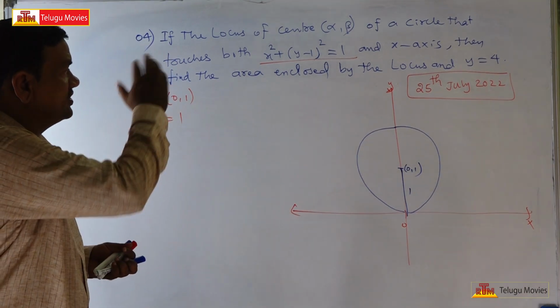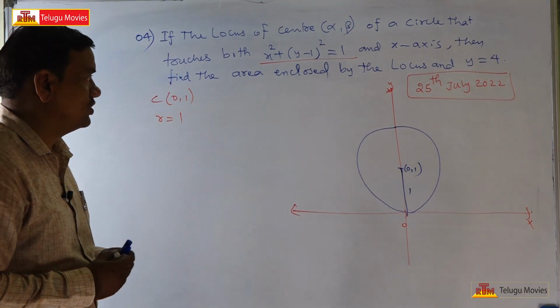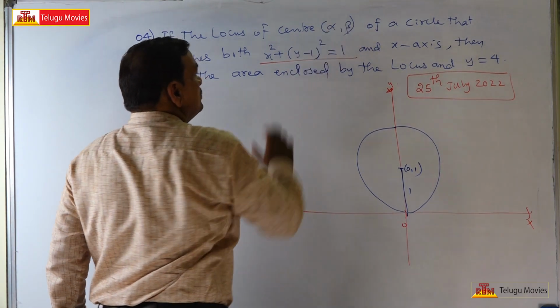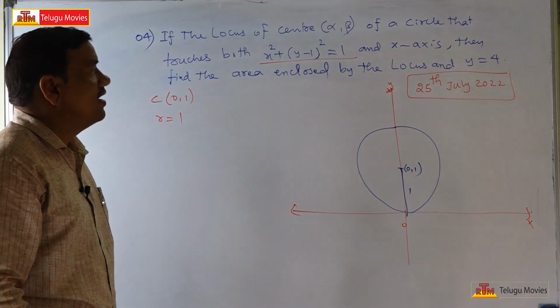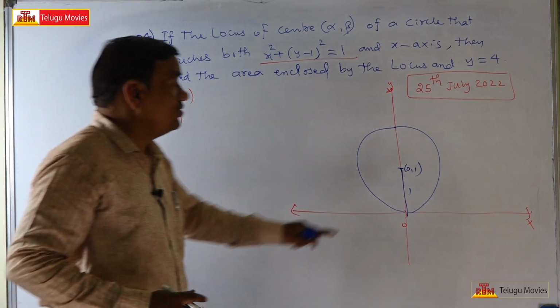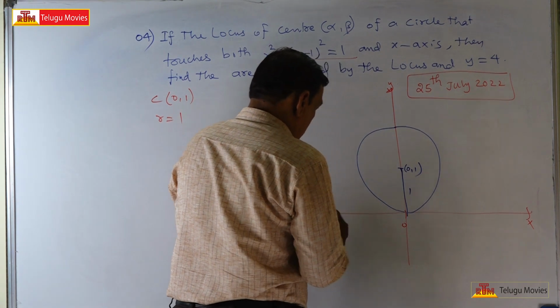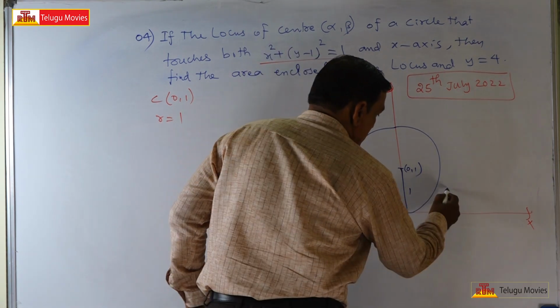I have drawn the circle x squared plus (y minus 1) whole squared equal to 1. Now there is another circle whose center is (alpha, beta), and it touches both the circle and the x-axis. The center is (alpha, beta), so it is moving along both the circle and the x-axis.